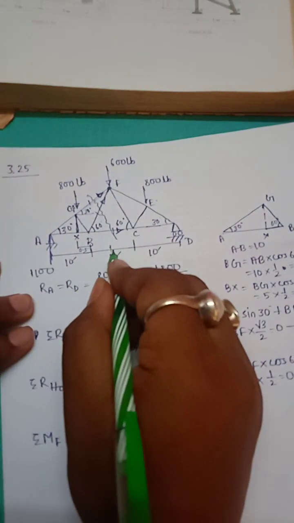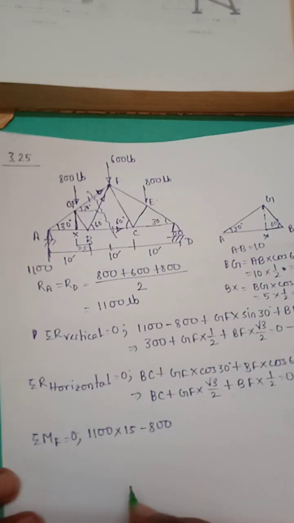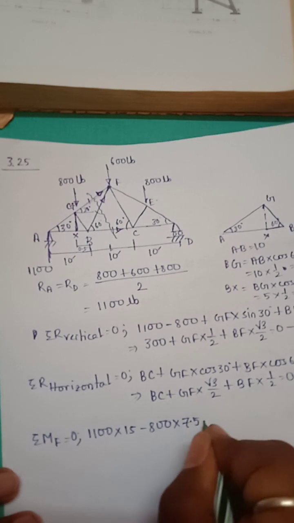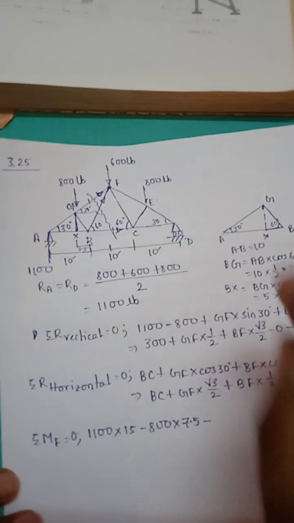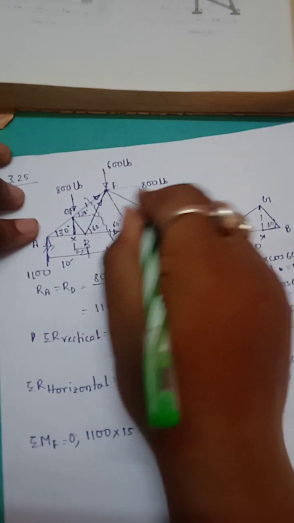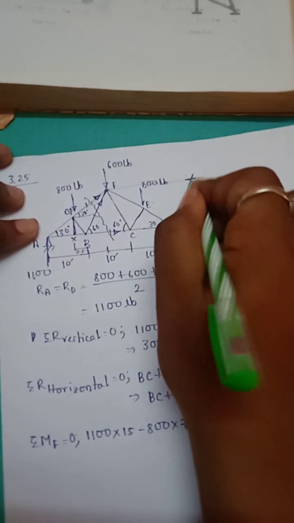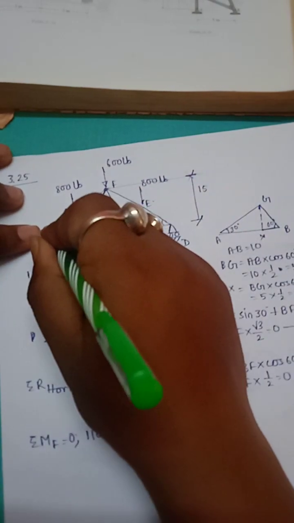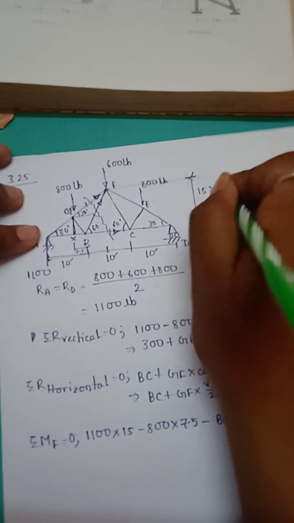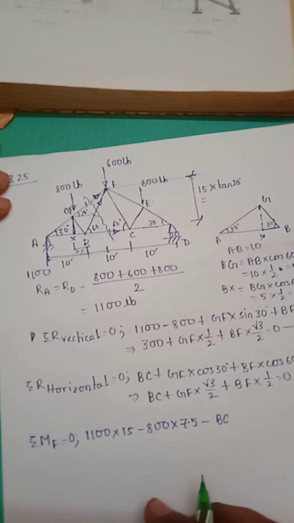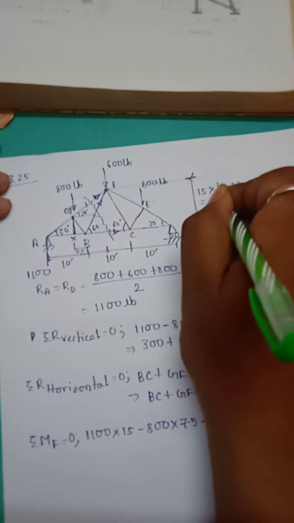So 800 into (5 plus 2.5) minus this force BC. BC is acting at this distance, and this distance is 15 into sin 30, that is 8.66 feet.